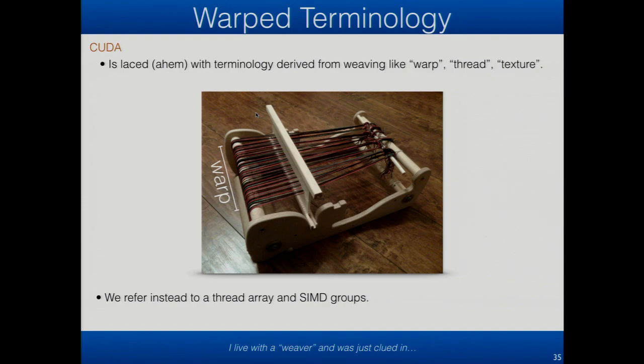It's got the notion of data parallelism, but the actual processing is serial, which I find entertaining. Right, so instead of talking about warps and textures and such, I'll talk about thread arrays. I'll put up with thread, because that's fairly universal terminology, and SIMD groups. That's basically threads that are marching in lockstep, managed by a single instruction stream.